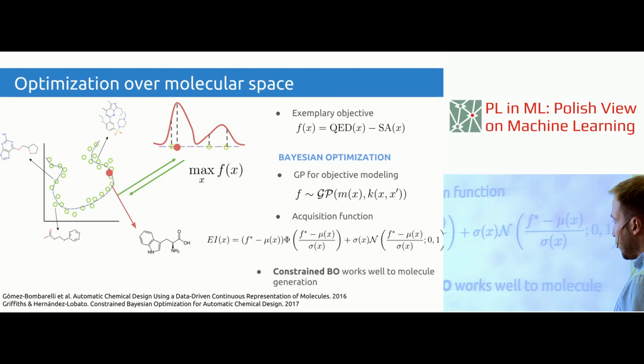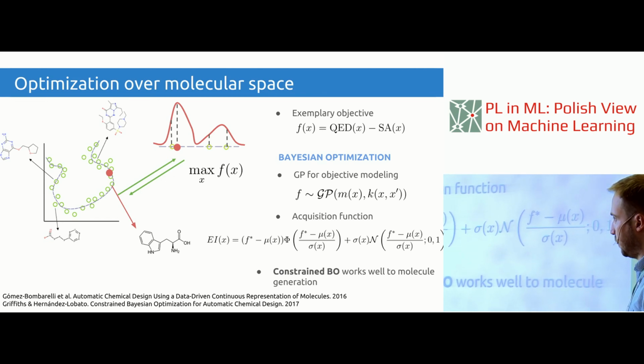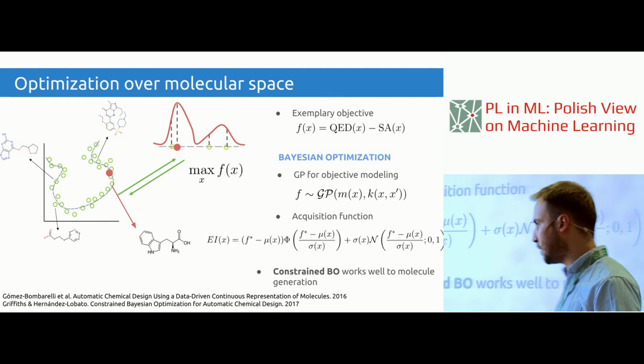And finally, it has been shown that this basic formulation of Bayesian optimization doesn't work well for this molecule generation problem, but there is a nice, a bit more sophisticated version of this framework where you add additional constraints to this objective, and this is called constrained Bayesian optimization.